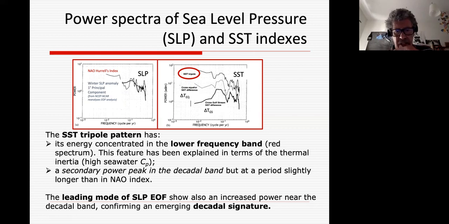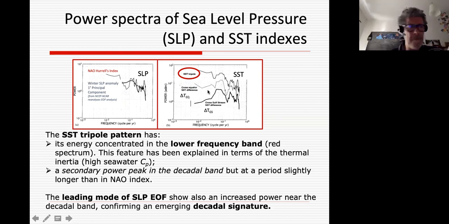Here you have also two additional indexes calculated from the cross-equator SST difference and cross-Gulf Stream SST differences. This has been produced by Chiang and Marshall in the early 2000s, and they found that, again, both of them have a broad peak around 10-20 years, with a marked reduction in power at low frequencies.